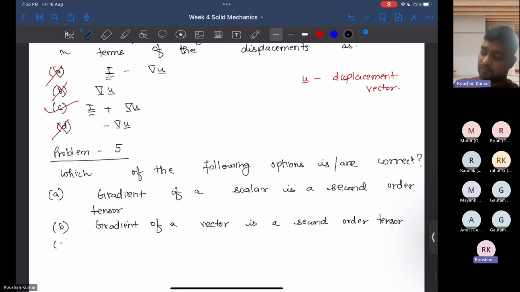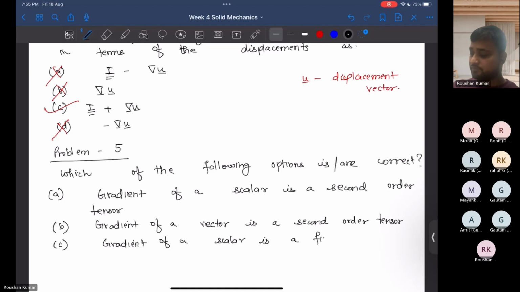The third option is gradient of a scalar. Gradient of a scalar is a first order tensor.